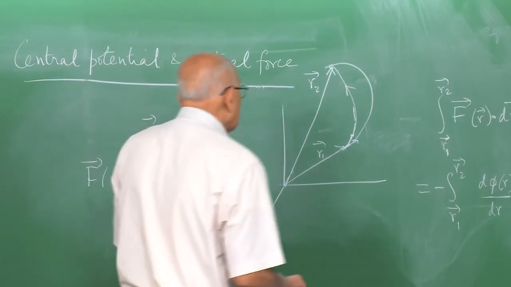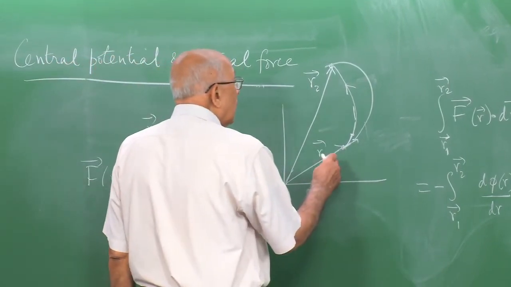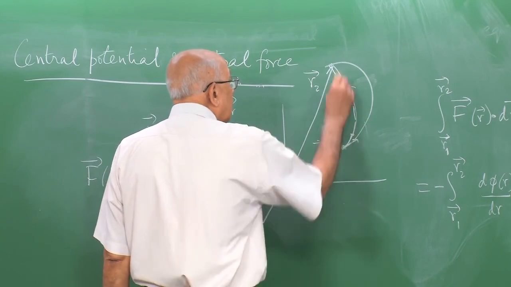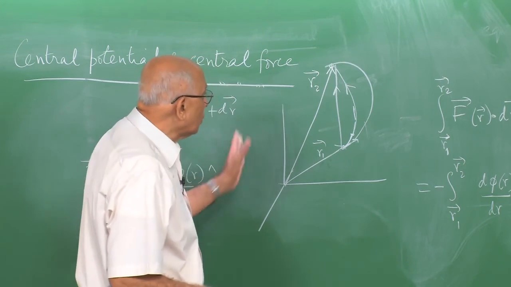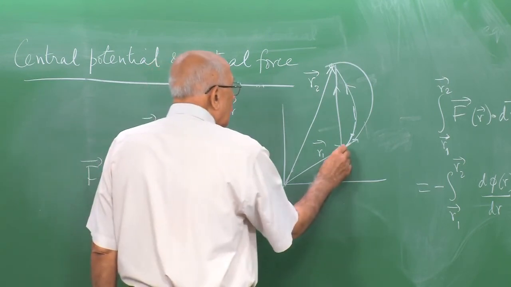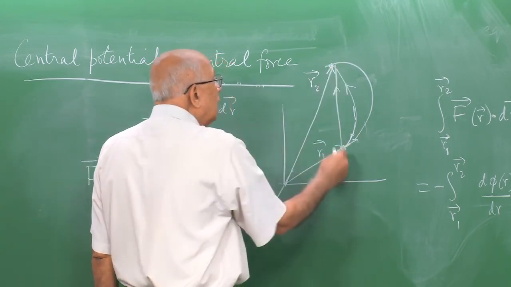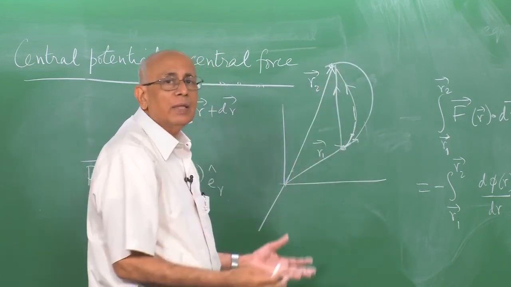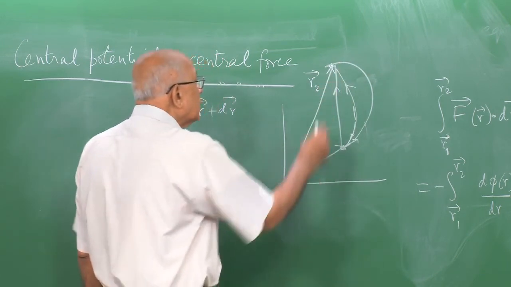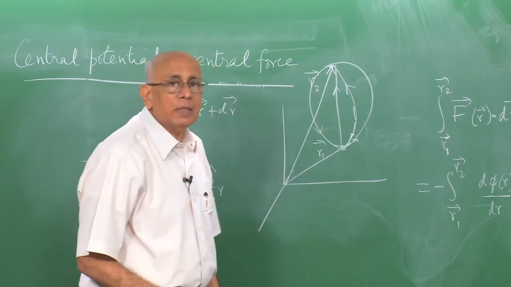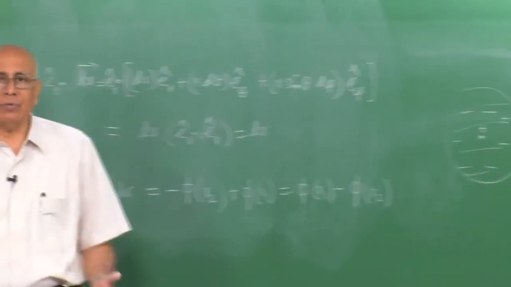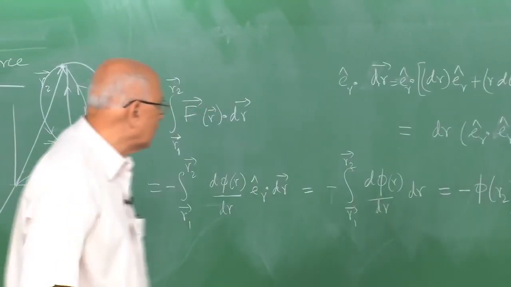So it immediately suggests that you could as well replace this path by a straight line path, and you'd get exactly the same answer. No matter what kind of path you take, the work done in going from here to here is independent of the path and depends only on the endpoints, which also says that if you come back in a closed loop, the total work done must be 0, because it's the difference between the potential at a given point and itself, which is of course identically 0.